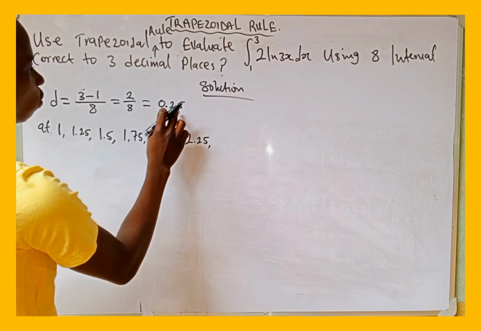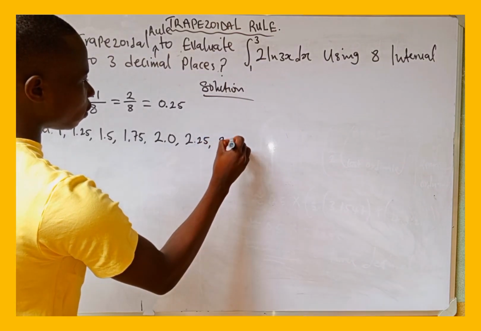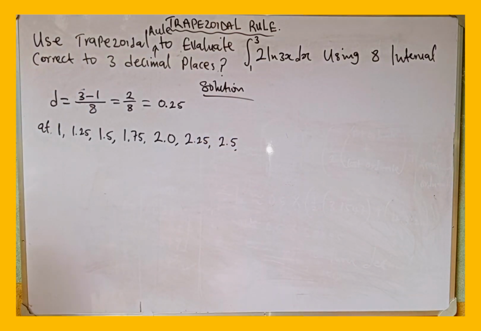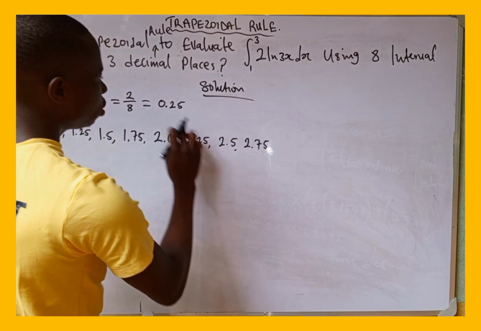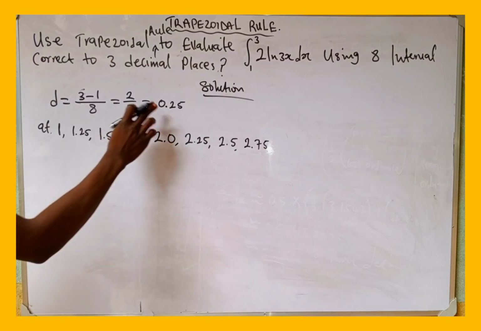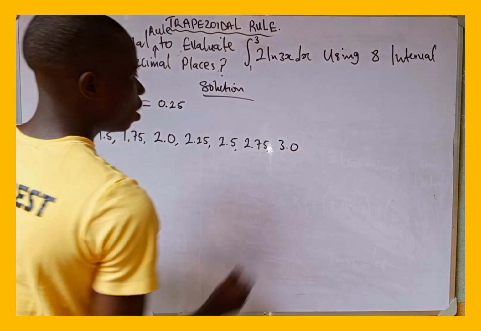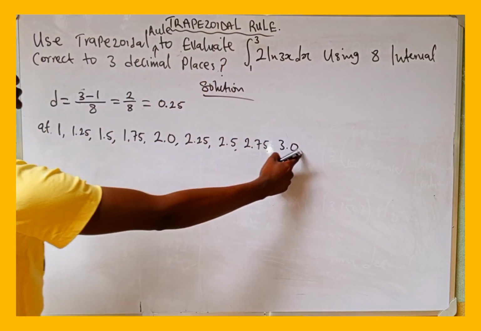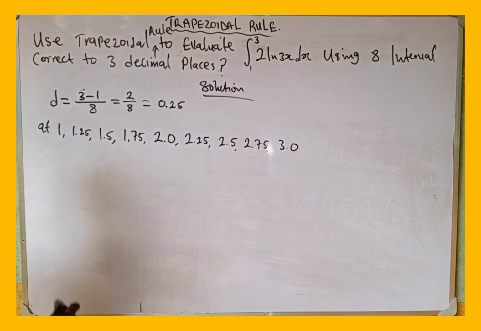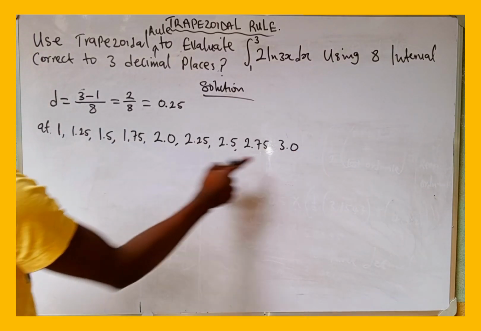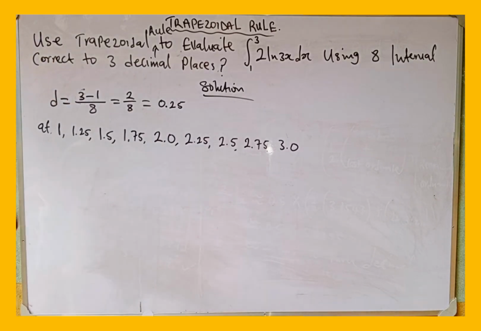Then add 0.25 to 2.25, it gives us 2.5. Then add 0.25 to 2.5, it gives us 2.75. Then add 0.25 to 2.75, it gives us 3.0, and the upper limit is 3. Now we are going to stop here. So the ordinate points run over the interval from 1 to 3.